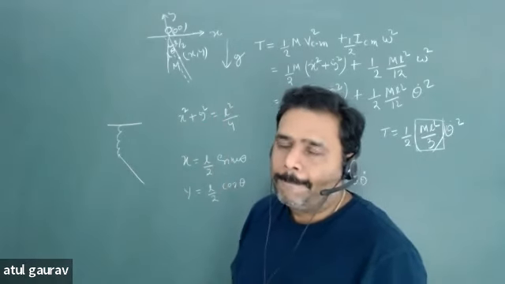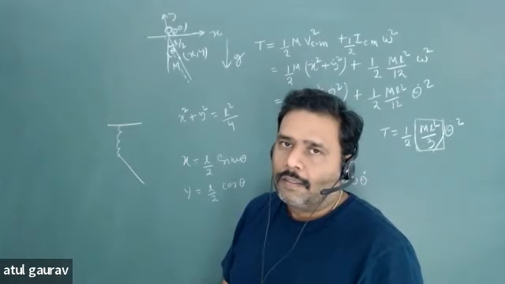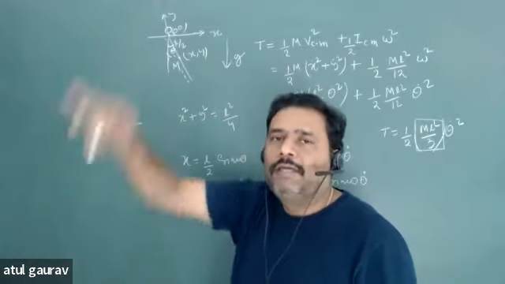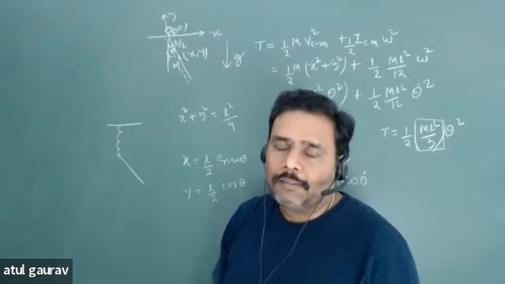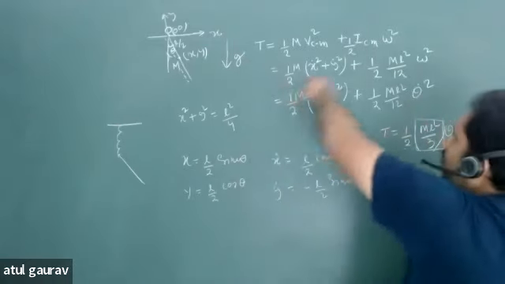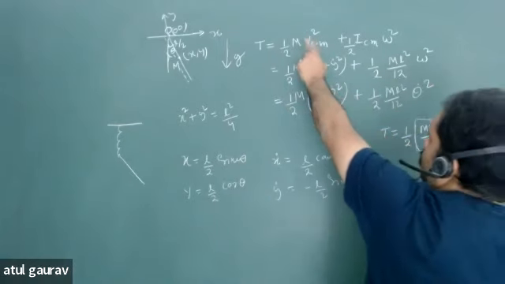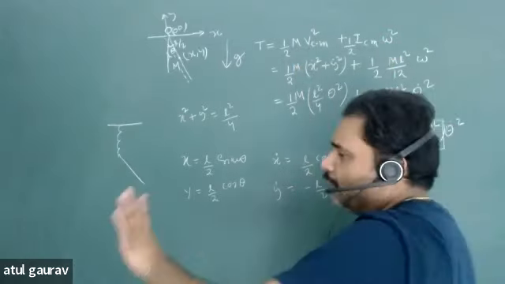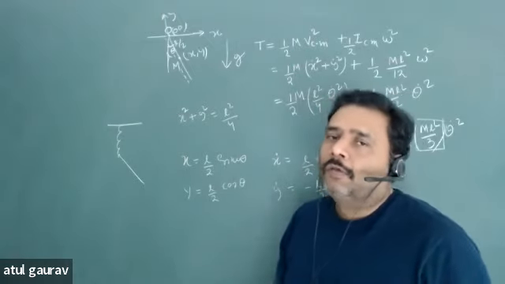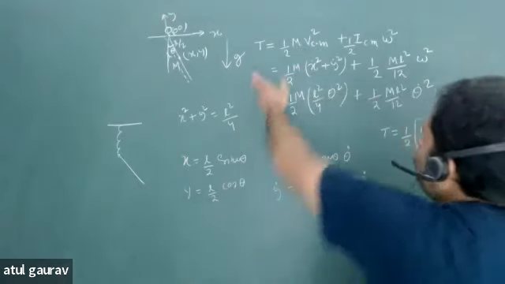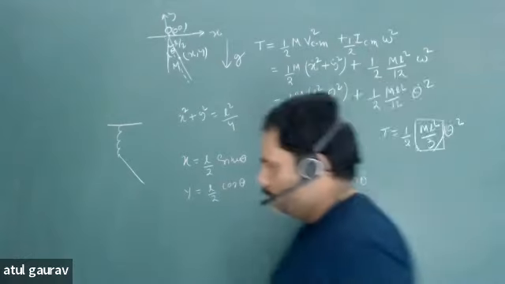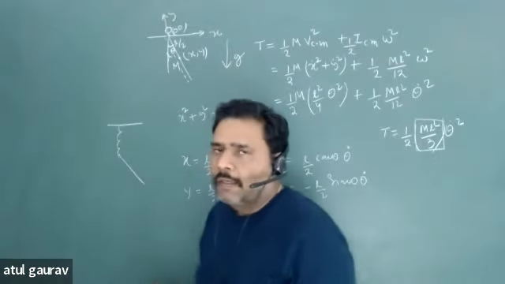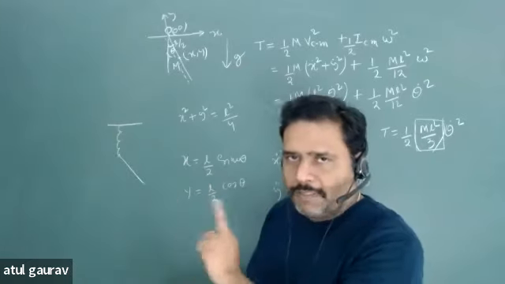Are you getting my point? You cannot take pure rotation about this point, because this point is itself moving in a vertical direction, and all your concepts will go wrong there. But if you go into this method, writing the translational kinetic energy of the center of mass and the rotational kinetic energy about the center of mass, then you will never go wrong. So whether it is a case of pure rotation or not, every time you have to use this one, and you will get exactly the same thing. Are you comfortable with the logic I am explaining? When I do this problem tomorrow, I will show you this again, don't worry.